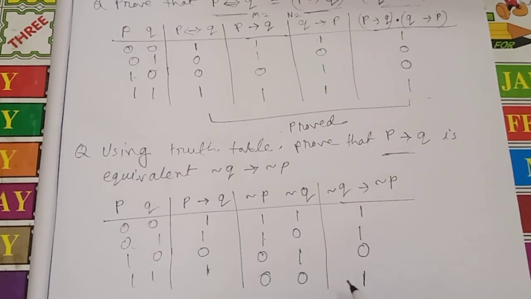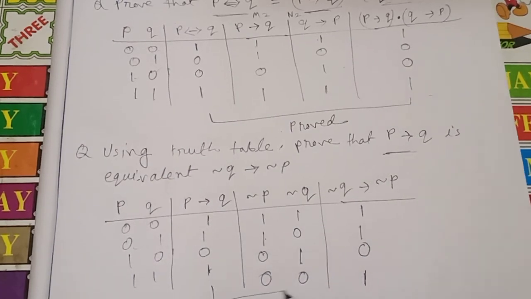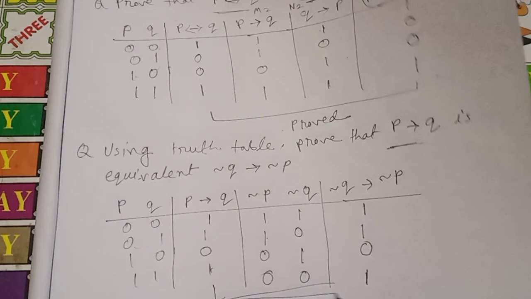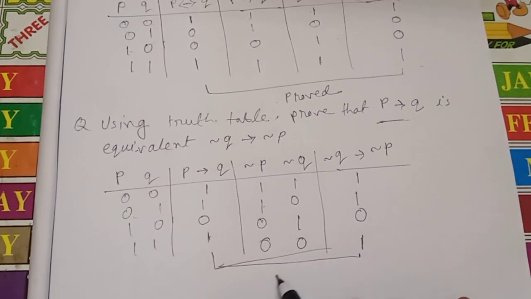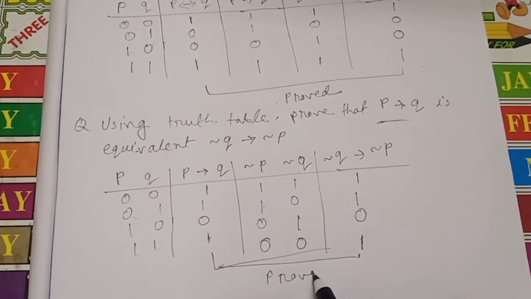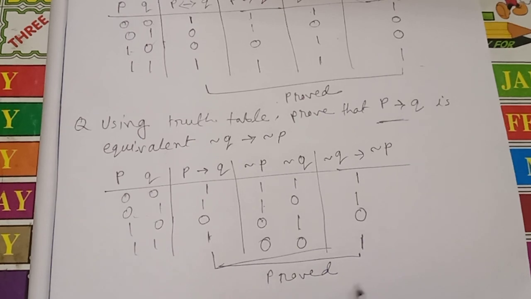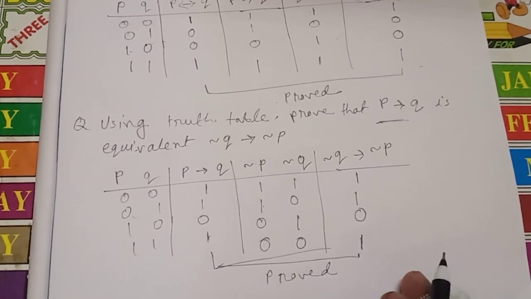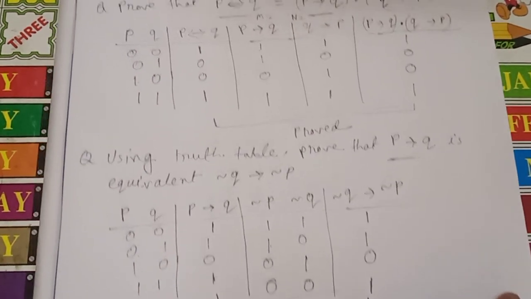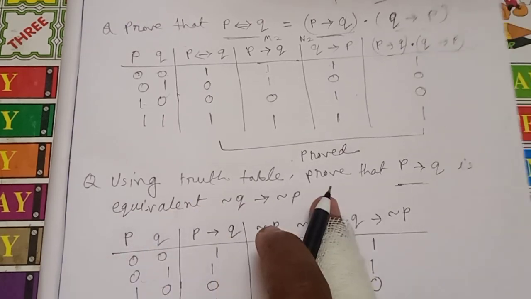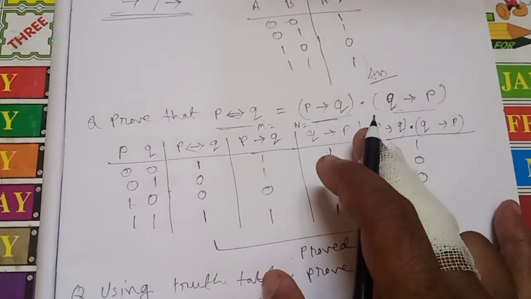You can see these both are the same, so we write proved. This is how we solve these questions. Two types of questions can come, this way or this way.